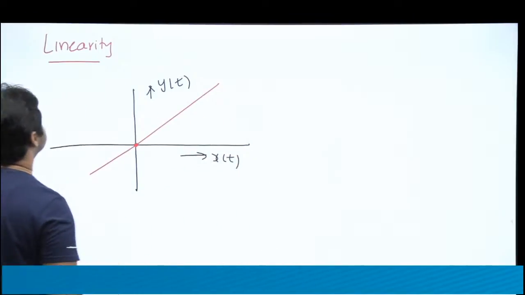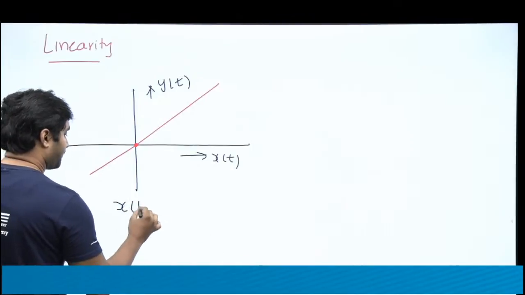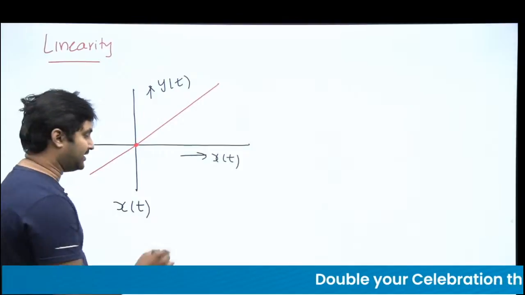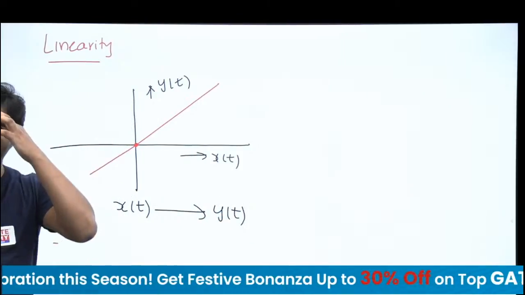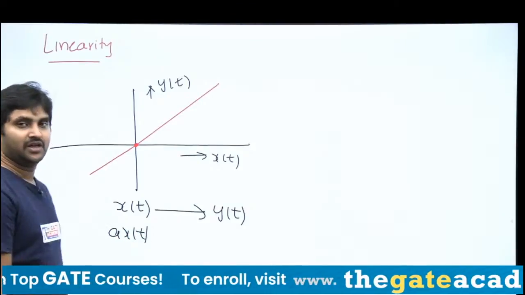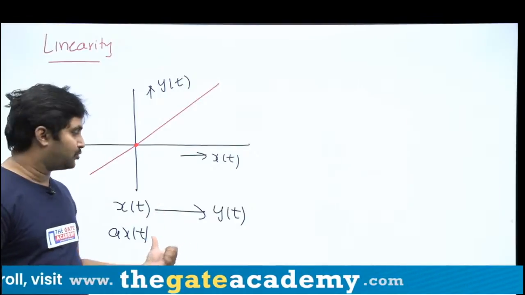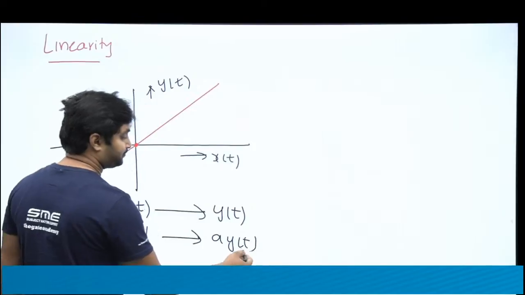What does the superposition principle say? If you give x of t as an input, I'm getting the output as y of t. Now, if I give a into x of t as an input, then I have to get a into y of t.